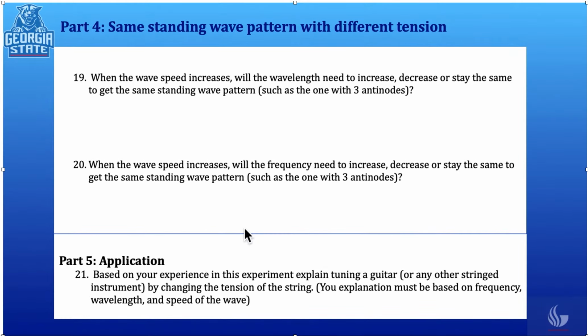Now, in this case, when the speed increases, do we need to change the frequency also in order to get those 3 antinodes when we increase the tension?